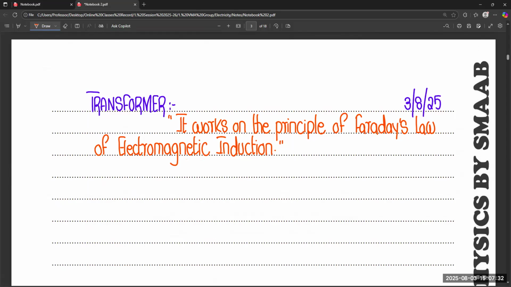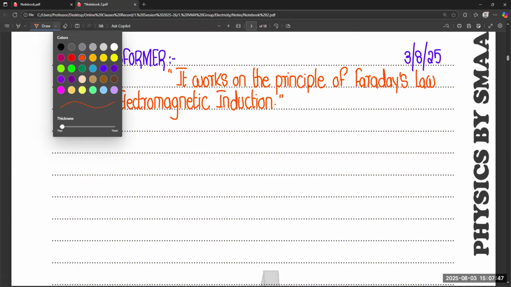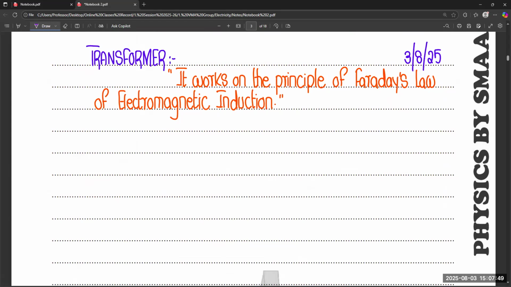And now, if we discuss the setup, the structure of the transformer. So first, in the transformer we have two sides and we have two coils. For example, this is the left side of the transformer.